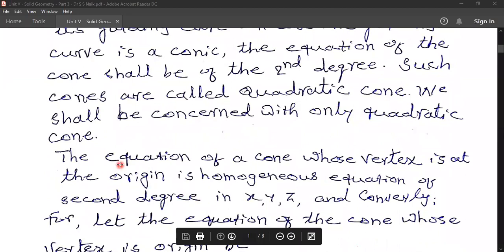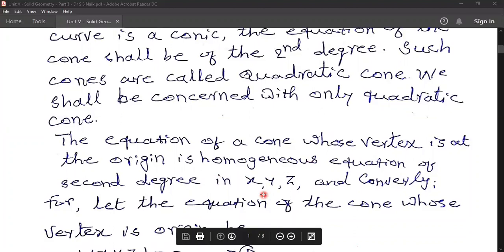So we'll first find the equation of a cone whose vertex is at the origin: it is a homogeneous equation of second degree in x, y, z, and conversely.